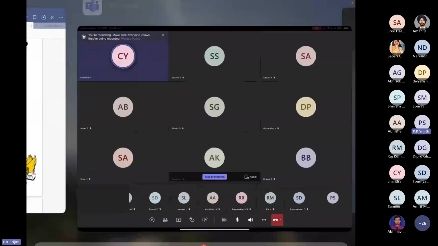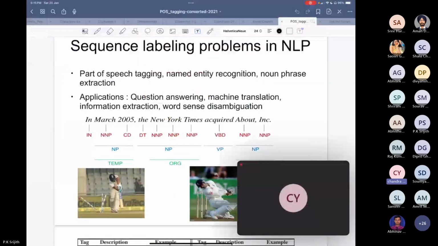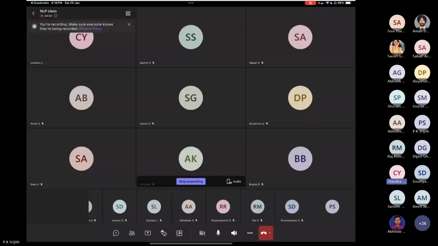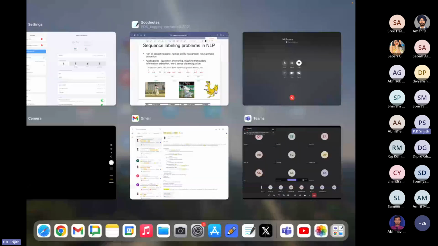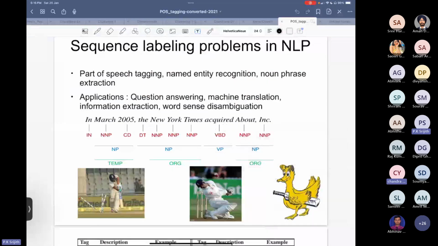When we go to here, what you find on the bottom right, is it? Yes, that is blocking the screen. Okay, now it's fine. Thank you.